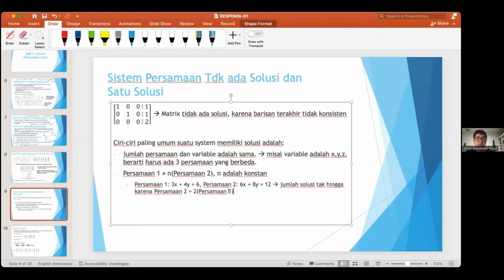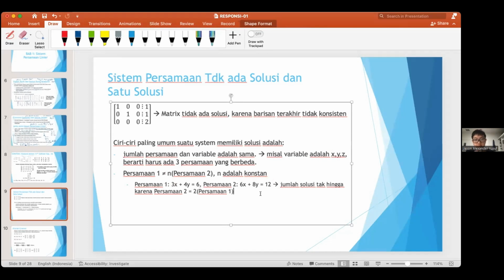And the next criteria is that, let's say we have a system of equations, the first equation must not be a multiple of the second one. What do I mean by that? Take a look at this one. Let's say we have two equations, 3x plus 4y equals 6 and 6x plus 8y equals 12.